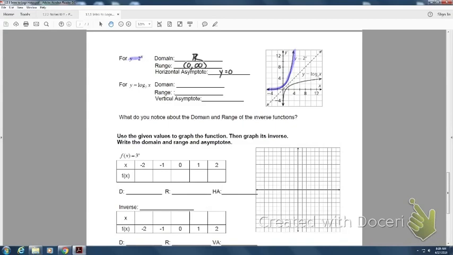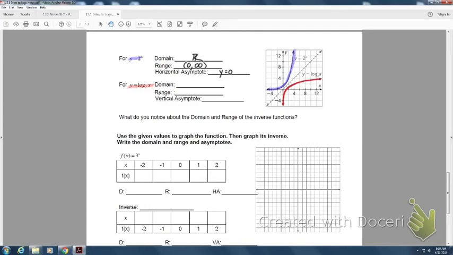Okay. So whenever we had that table on that first page and we just switched all of our x's and y's, that means the domain and range switch. That means all the information that we have on it switches.